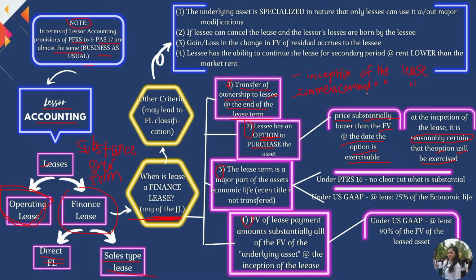Now, what was mentioned here is inception of the lease. At the inception of the lease, it is reasonably certain that the option will be exercised. Meaning, katong time nga nag-agree ang parties, di ba? It is reasonably certain that the option will be exercised.